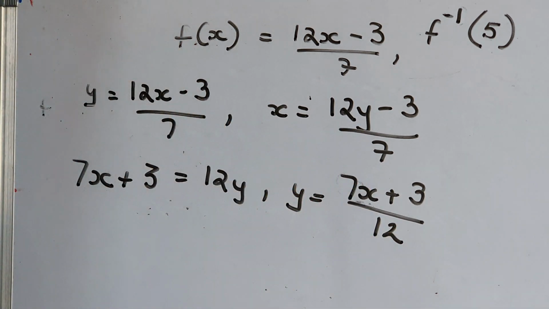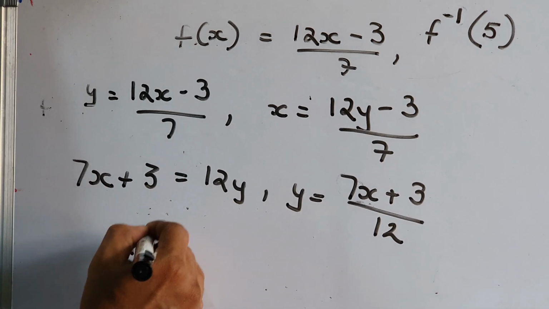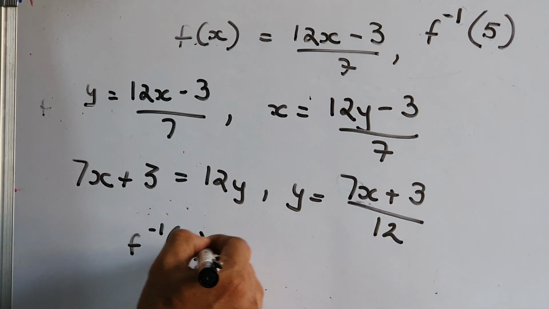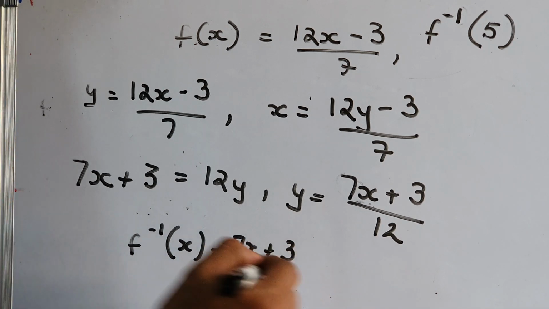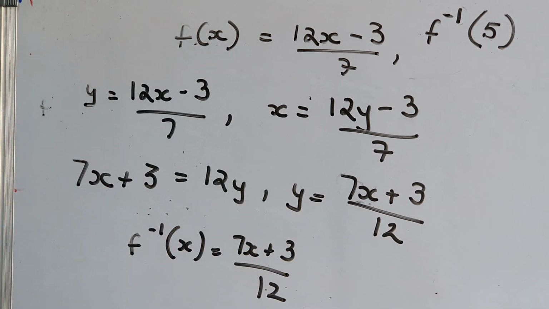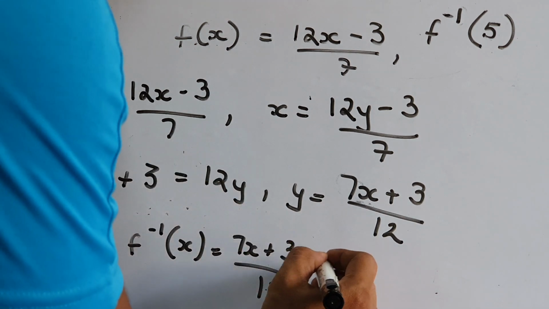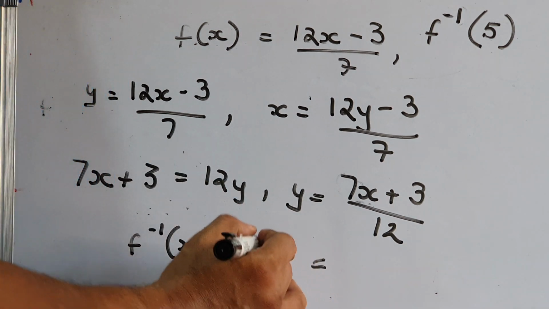So now I have got my value. f inverse of x is 7x plus 3 upon 12. This is my first part. But they have asked us f inverse of pi. So wherever we have x, I will substitute pi.